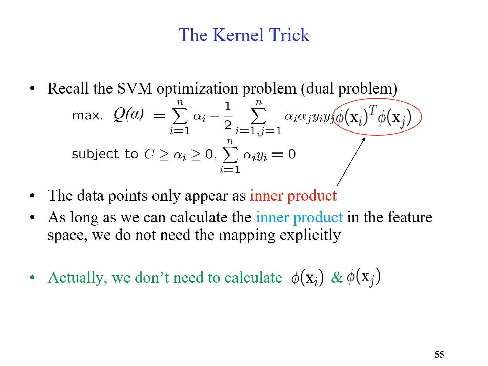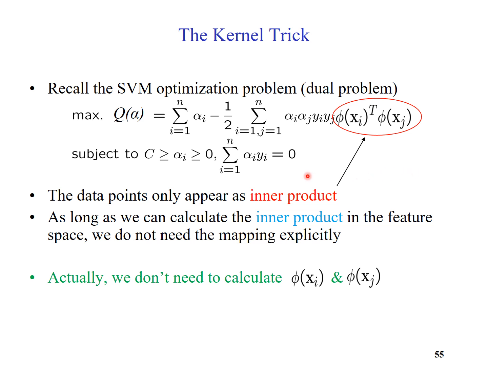As we have seen in the previous slide, this is the dual problem of SVM in extended dimension, because the original data X is mapped to a higher dimension. So this is the SVM dual problem in extended dimension feature space.